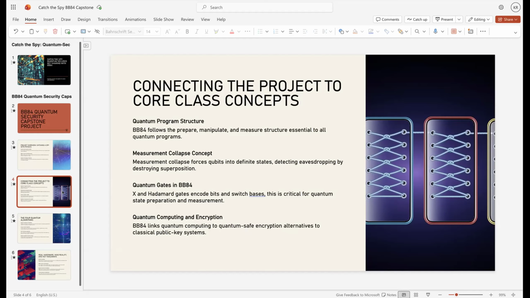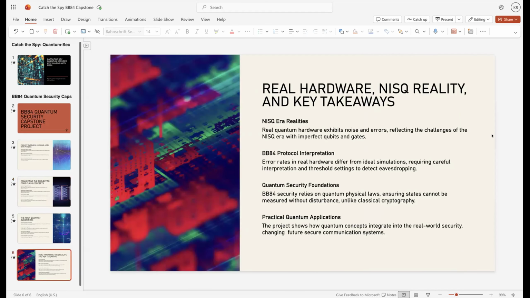And then going to the reality of why on the actual IBM quantum computer we would not see this ideal result: I would expect some small error even without Eve, because the quantum computers we have today are a little bit noisy. Something I researched about was NISQ. These people are more into modern quantum computing.